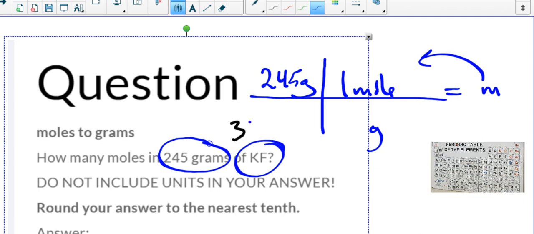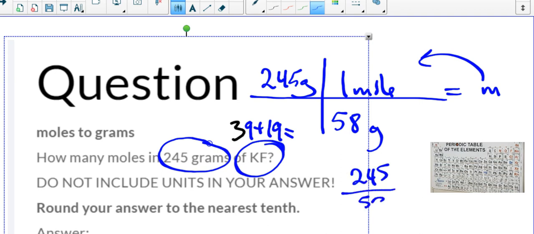K is 39 plus 19, so that would be 59 minus 1, so that's 58 grams. So you would just take this 245 and divide it by 58 grams. And that would be your answer.